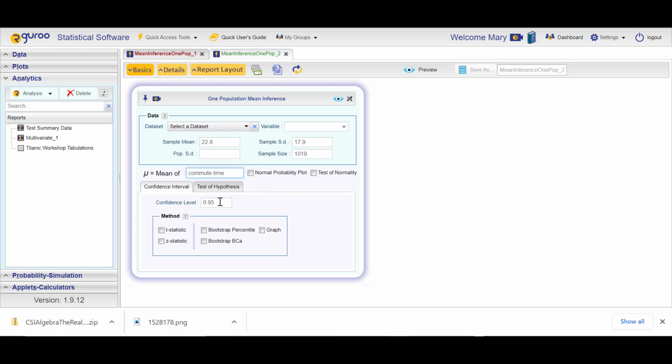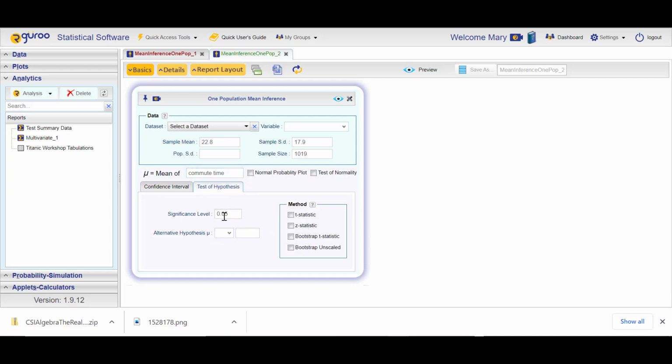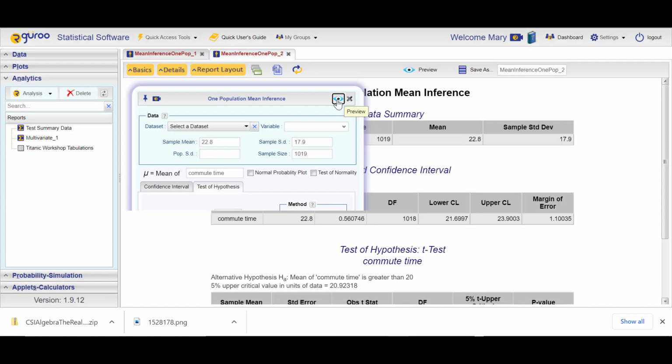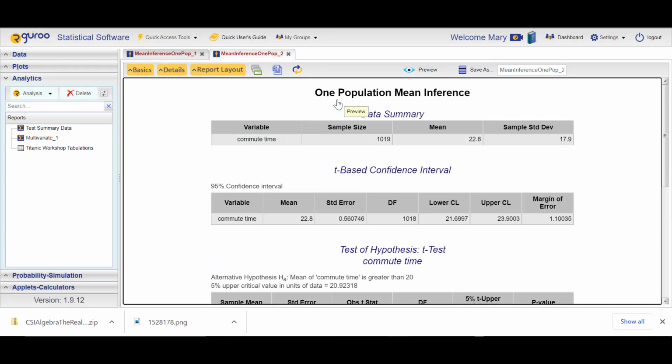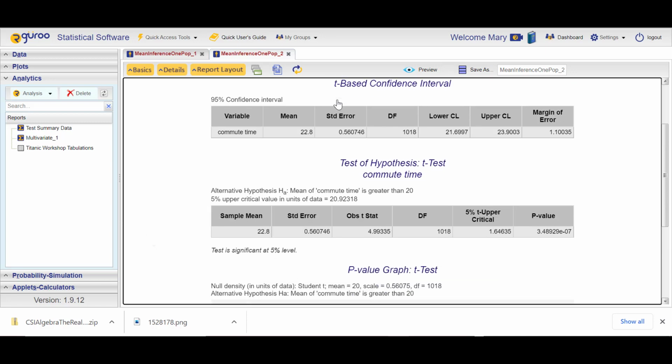Since it's a 0.05 significance, I'm going to hit the confidence interval for 95 and t-stat under test statistic. Significance level is 0.05, and we're saying that it is greater than 20. Preview.